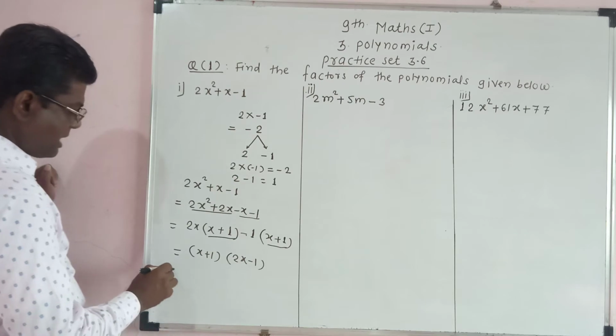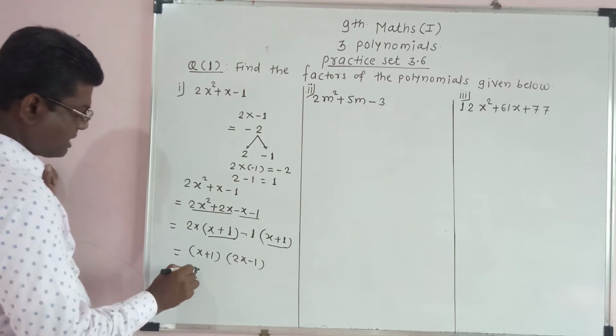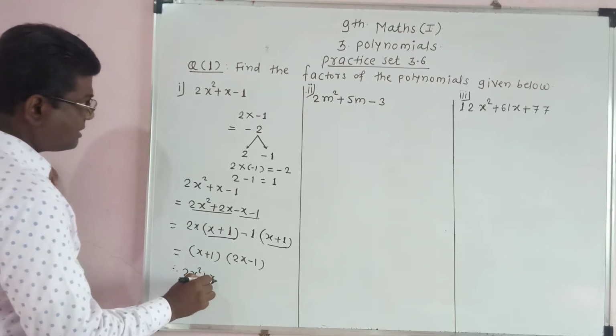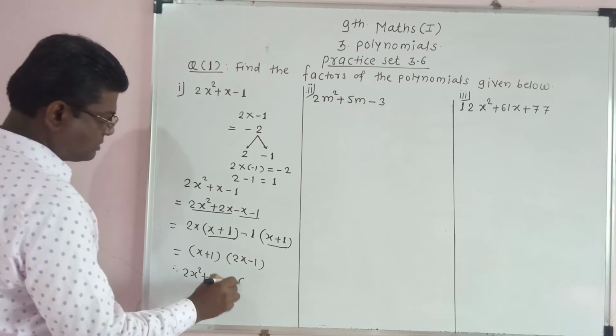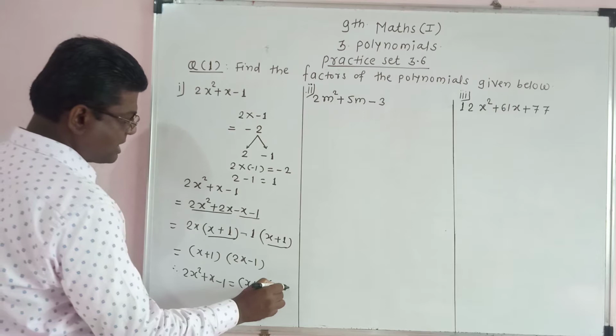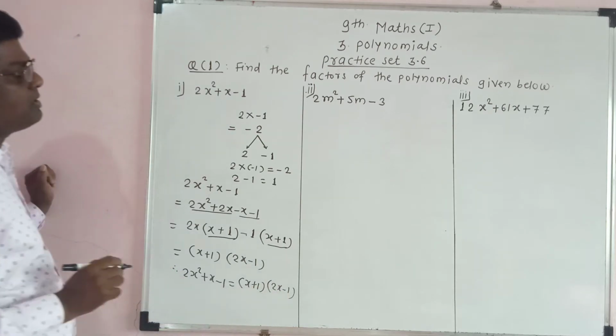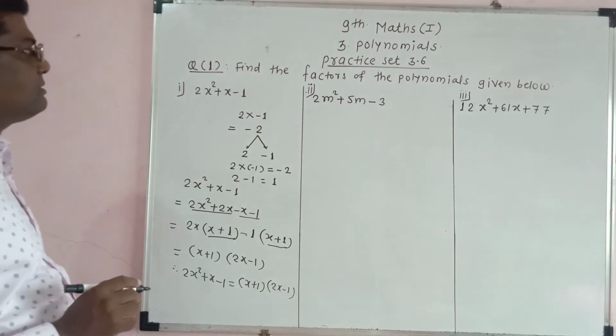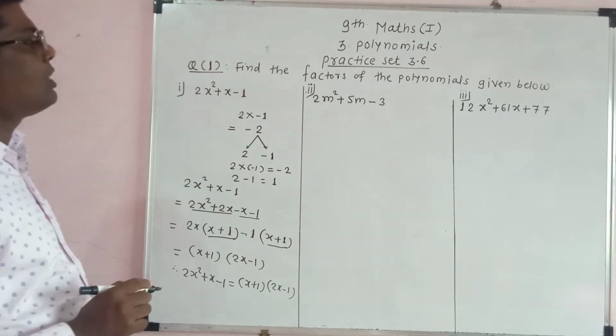In this way factors of 2x square plus x minus 1 are x plus 1 and 2x minus 1. In this way we can find the factors of a quadratic polynomial.